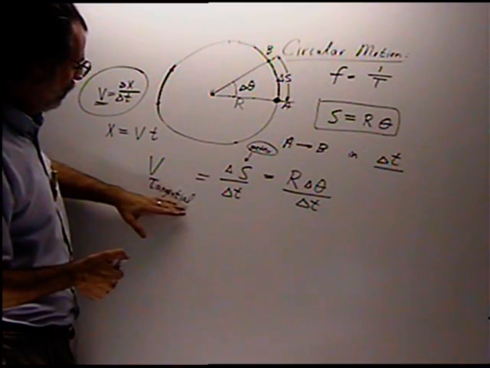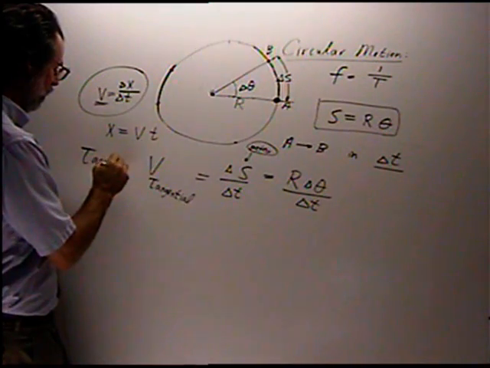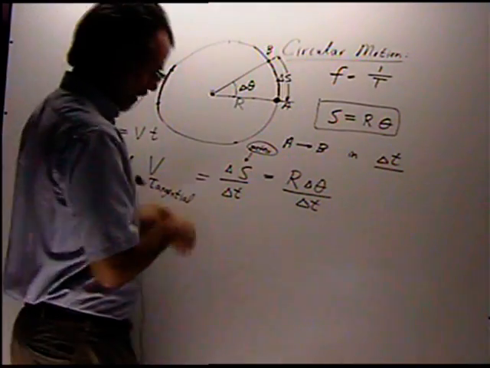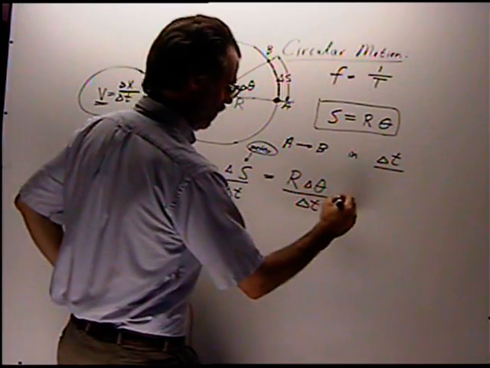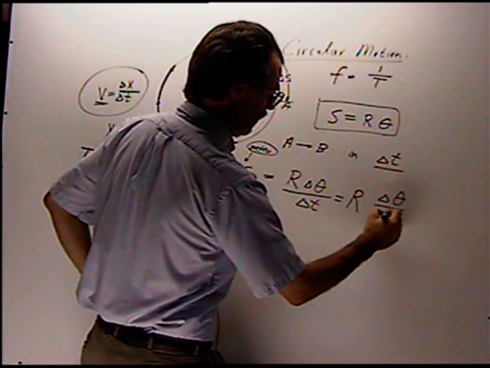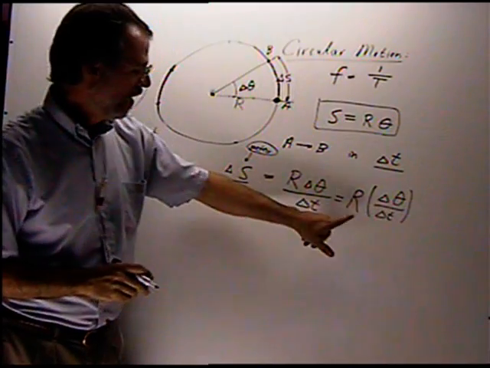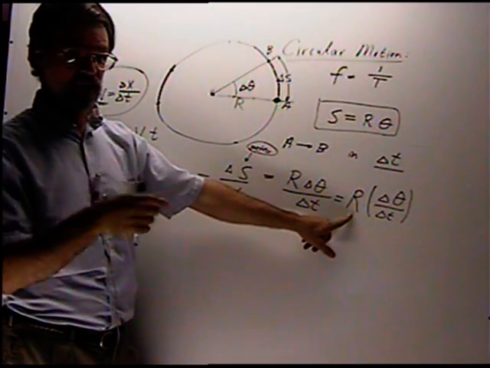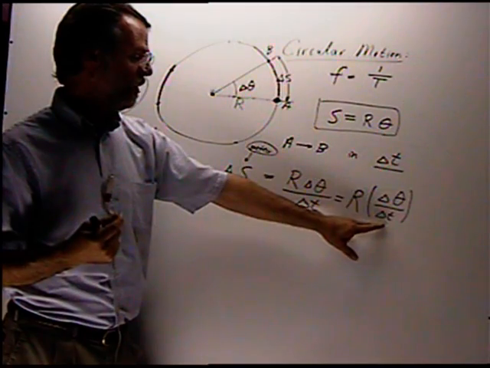The tangential velocity is delta s divided by delta t, which is also, now r here is a constant, so I'm going to say r times delta theta over delta t. We're going to assume r is the radius, that's fixed. That number doesn't change as long as we keep the string at constant length. Then delta theta over delta t.